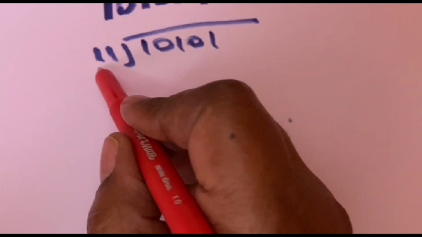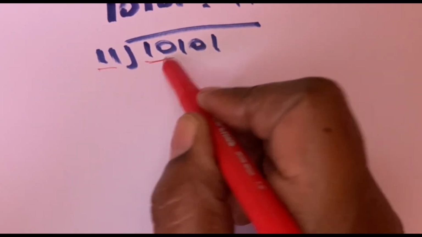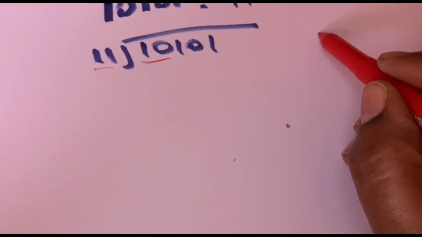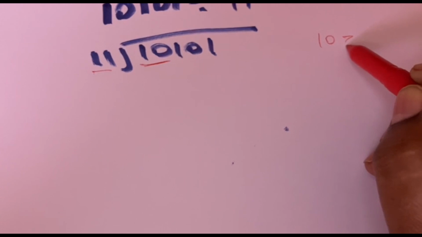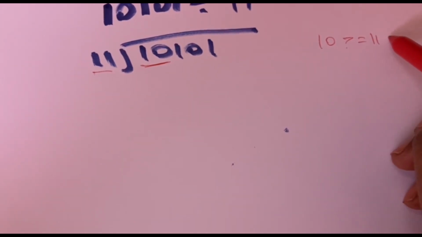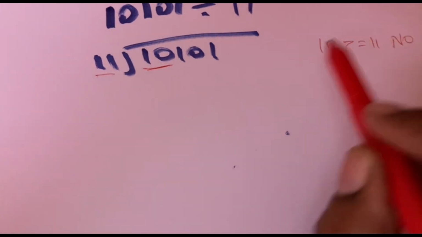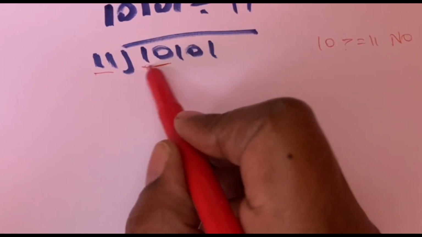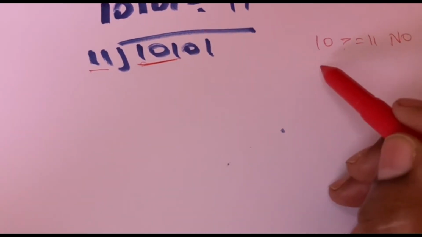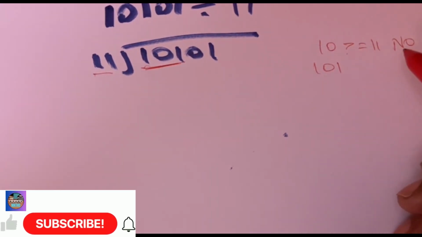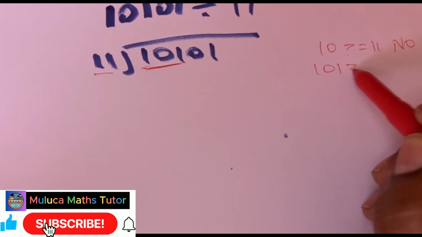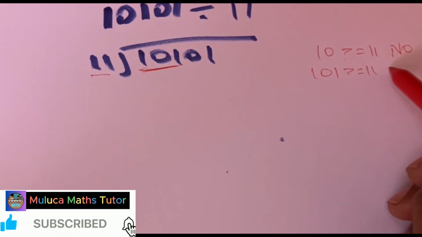So again, we have 2 digits here, so we check 2 digits. The first 2 digits. Is 10 greater than or equal to 11? No. So we have to check the third digit now. Is 101 greater than or equal to 11? Yes.